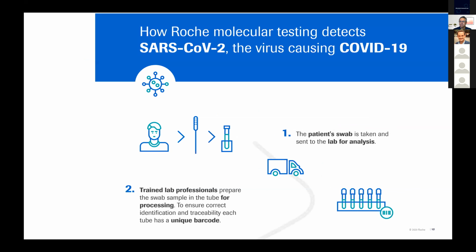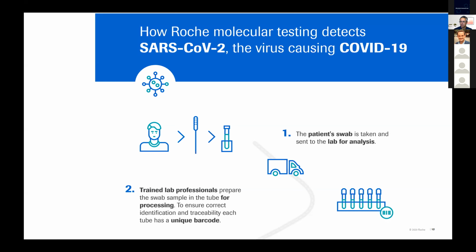This is just perhaps a timely and pertinent way for me to give you a better idea of how we're using Tableau to do on-market surveillance. So this is a publicly available infographic on the Roche website that talks about how the SARS-CoV-2 test that we released detects the virus, and it just walks through some of the steps.